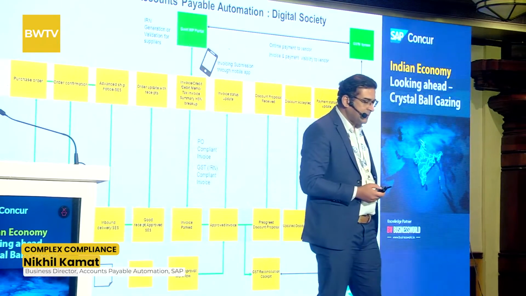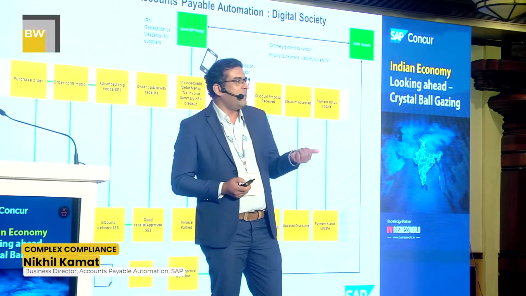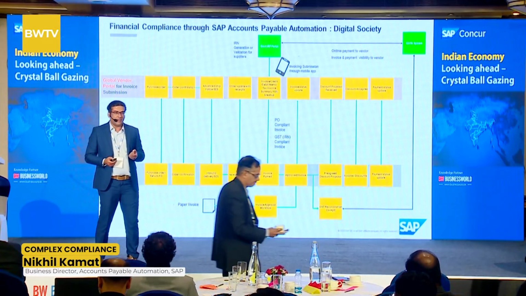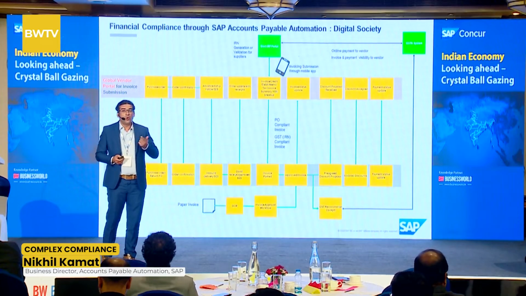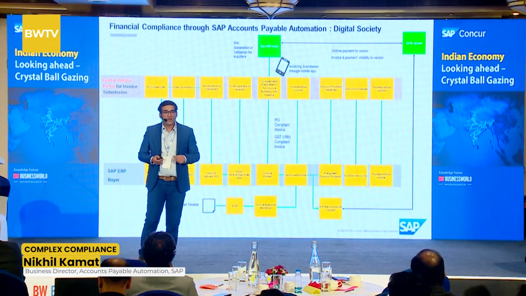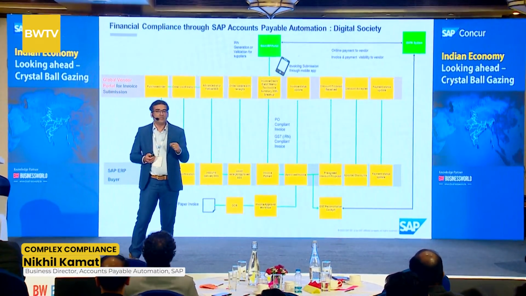Now, the idea here is, when you are sending this PO, can my PO give me information as a forecast about my ITC which is going to be claimed? The answer is yes. Today, this doesn't get leveraged because you don't know when the material is going to come. You have no information about when the material has been dispatched. And that's the reason the forecast part, or the crystal ball gazing, doesn't happen.